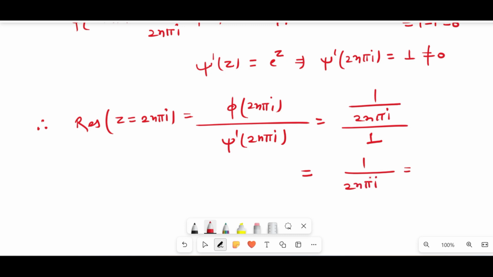1 by i, for 1 by i we can write negative i by 2n pi.